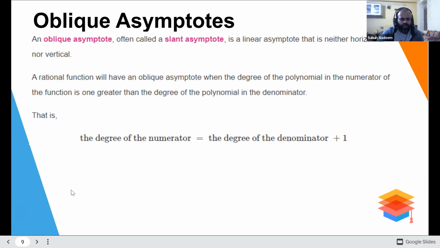That is what is written mathematically here: the degree of the numerator is 1 plus the degree of the denominator. So then, cube and square? Yes, for example, cube divided by square, or the previous one, x square by x, quadratic by linear. So in those cases, now let us come to the next slide.